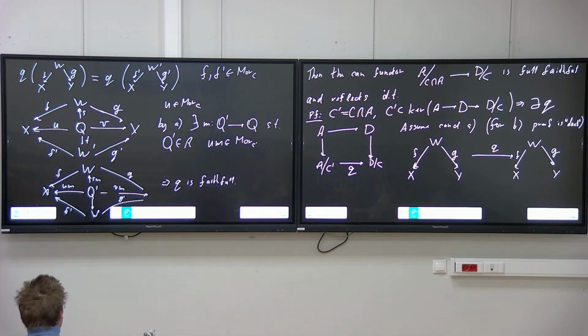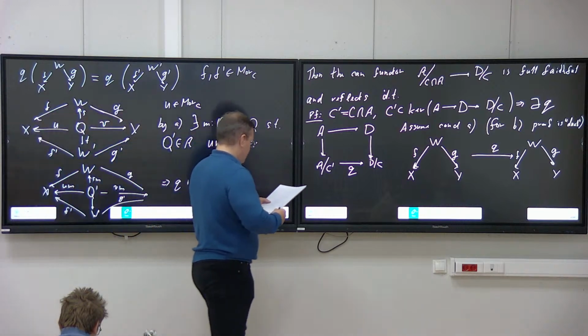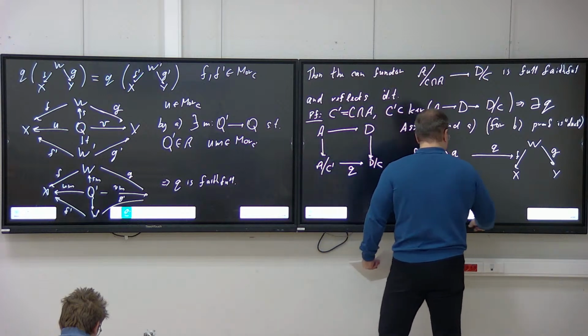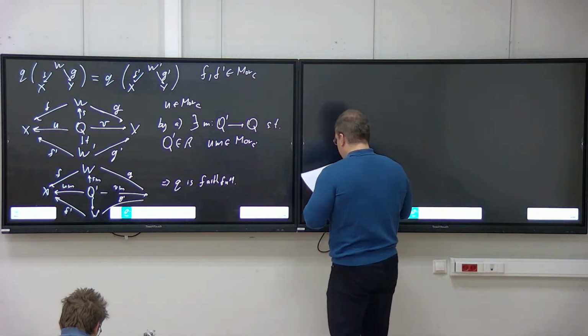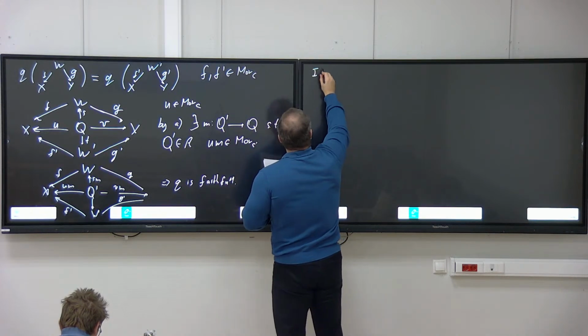Right, so it's injective on the roofs. Now I want to notice that this is full. Okay, so I want to formulate it like this.